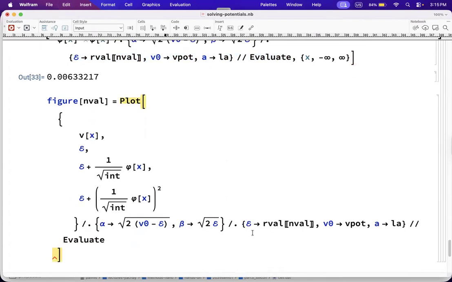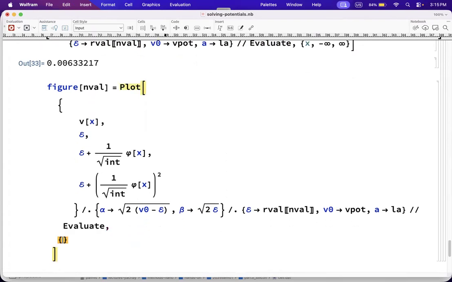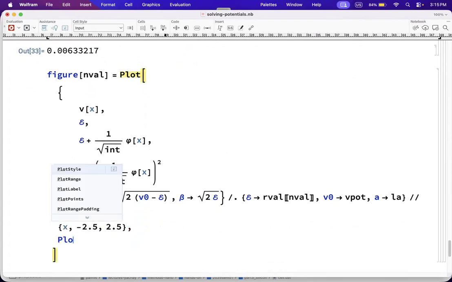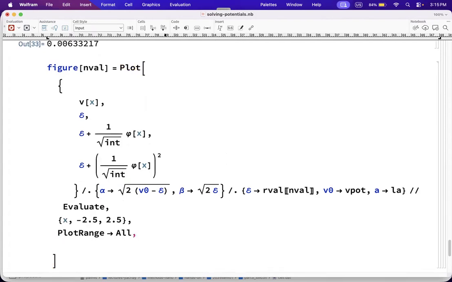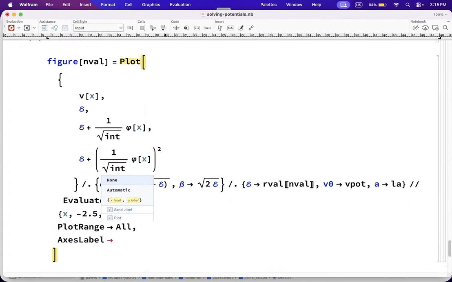Okay. Comma. Now I'm going to give the domain for x from minus 2.5 to 2.5. Okay. Now plot range all. Axes label. So we are going to do this.